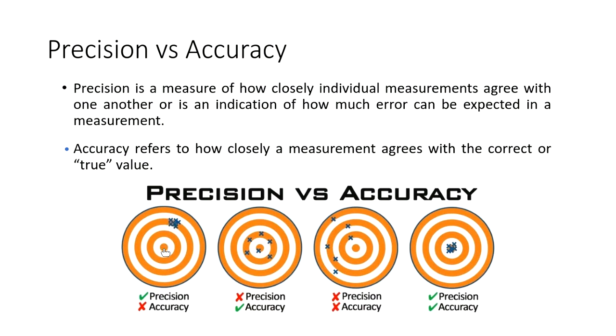In this case, the results are not precise because they are all over the place, but they are kind of accurate, depending on whether you define accuracy as being on the third circle. So this is kind of accurate, but not precise.